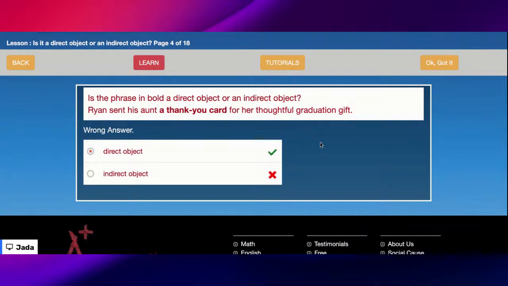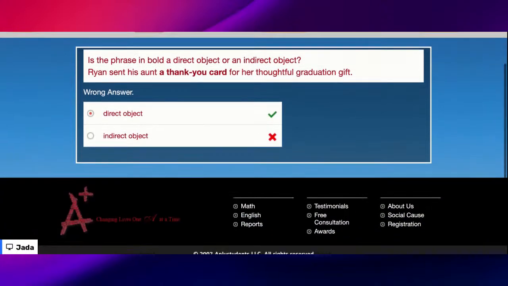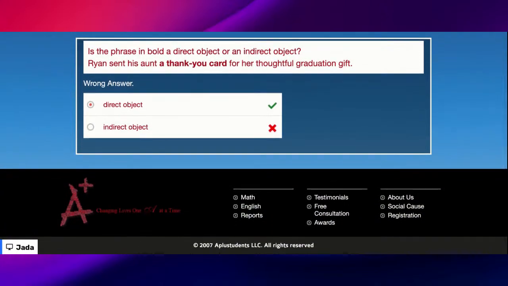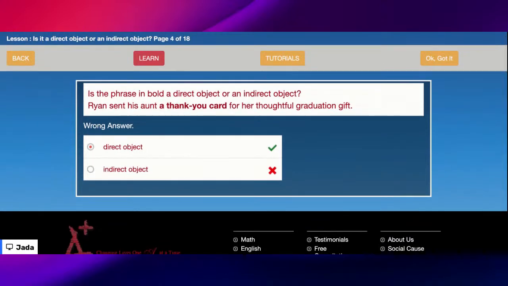So let's say for example we clicked on this. Usually there's an explanation to get the correct answer, but that's fine. So let's say we click on the wrong answer and we cannot understand why. So now let's look at it here. Sent is what? The action verb, okay? And Ryan is the one who sends the card, okay?